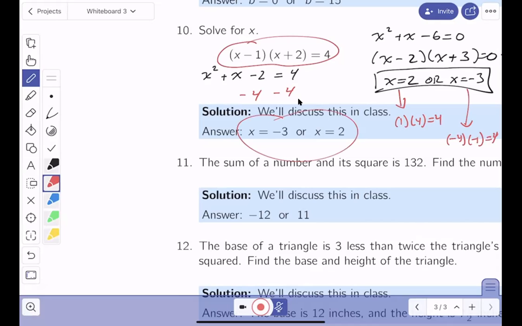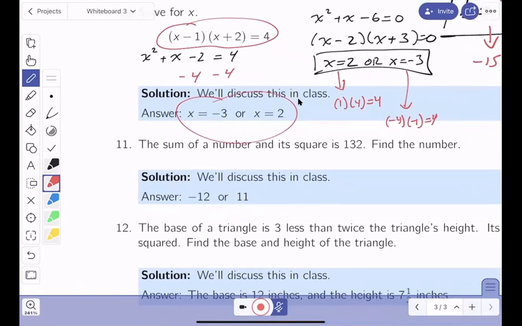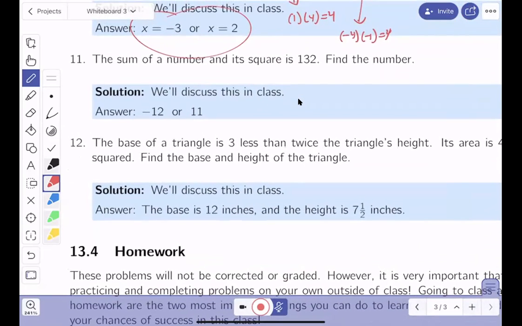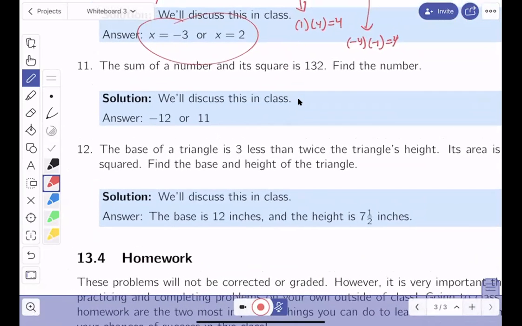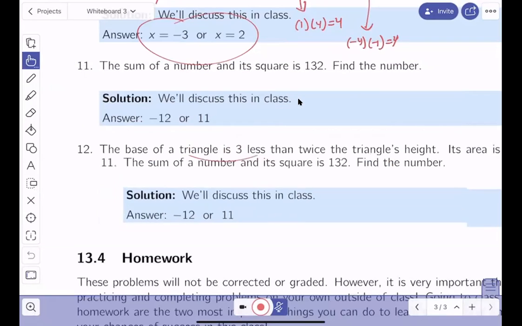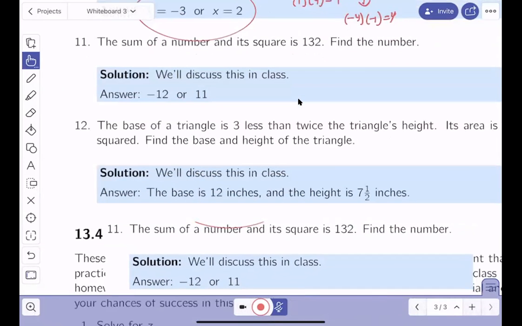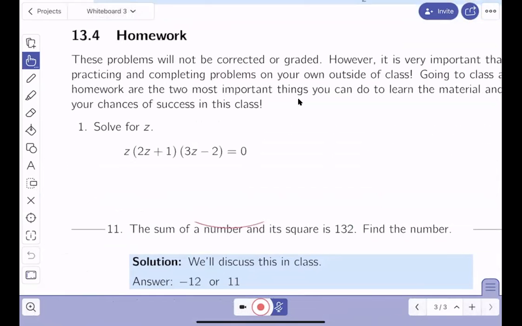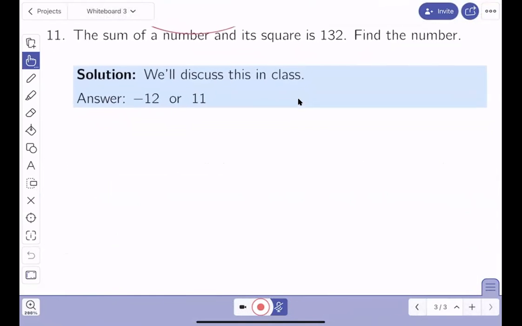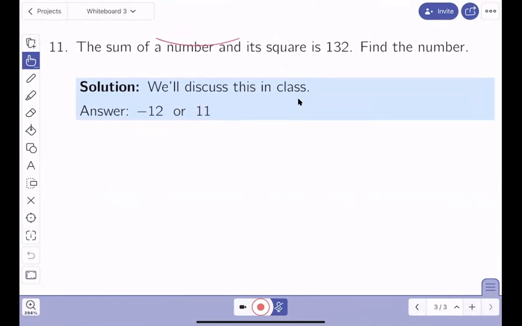All right, let's take a look at number 11. It's a word problem. And I'm going to pull it on the side. All right, let me do that for you. And I'll take this guy here. And I'm going to pull this on the side somewhere. So, what does it say?